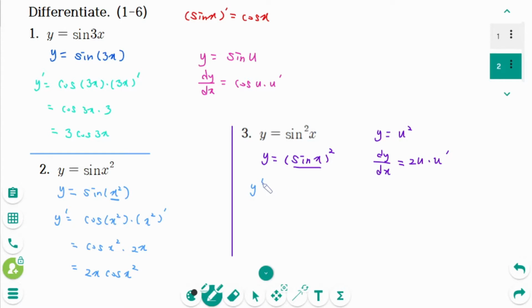Then y prime equals 2u times u prime. Keep the inner function, which is sin x. Then 2 times sin x times (sin x) prime equals cosine x. And it can be rewritten as sin 2x.